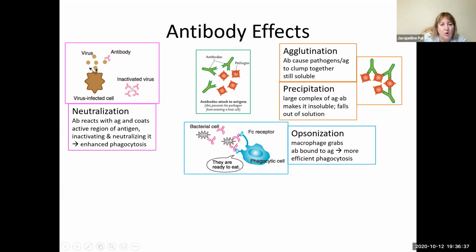So if you notice, the short arm area, the Fc area, is bound to the antigen, and the Fab area, or I said those backwards, are bound to the macrophage. And so since the macrophage has bound to the antibody, which is bound to the antigen, it's like it's on the plate right in front of the macrophage and it's going dinner, buffet, snack, midnight snack, it doesn't matter. It's going to have much more efficient phagocytosis because it's right there and it can see it.